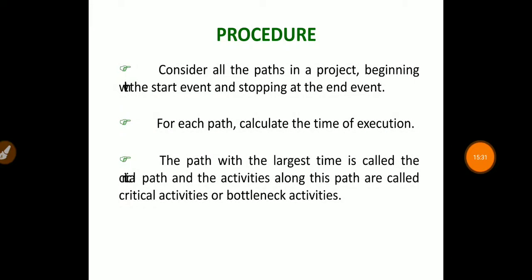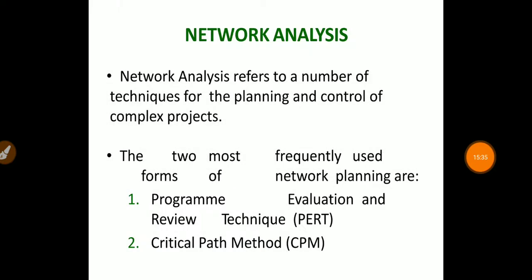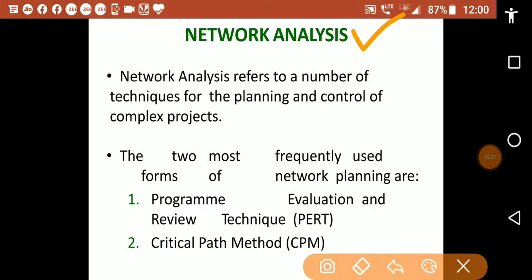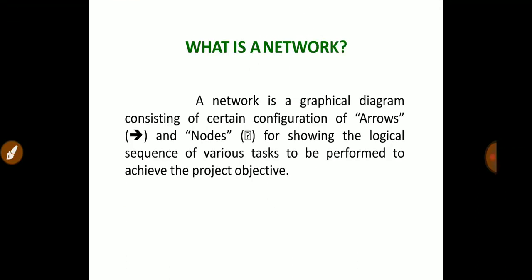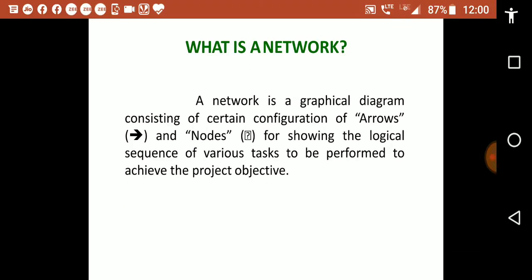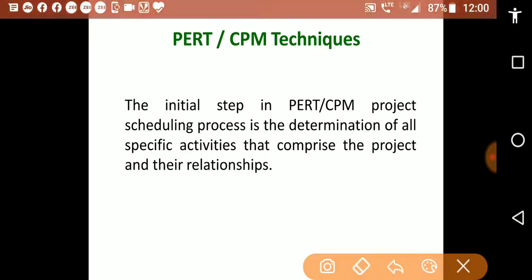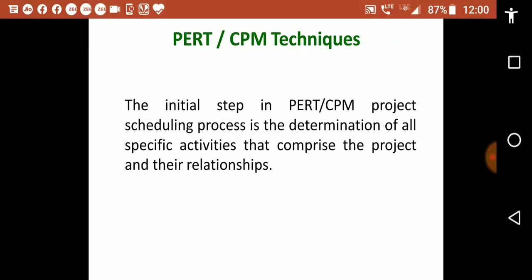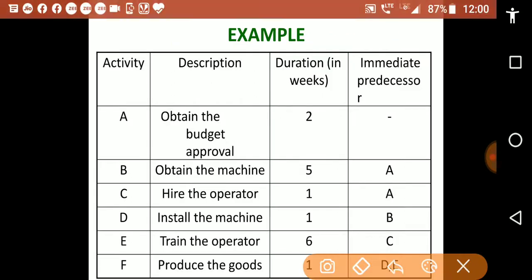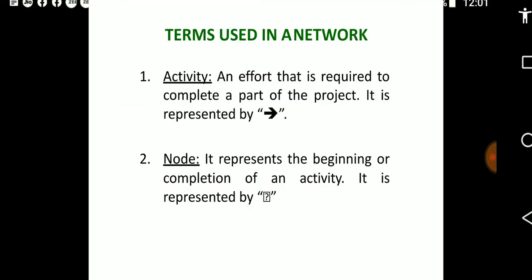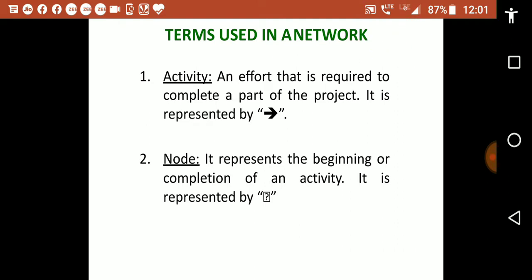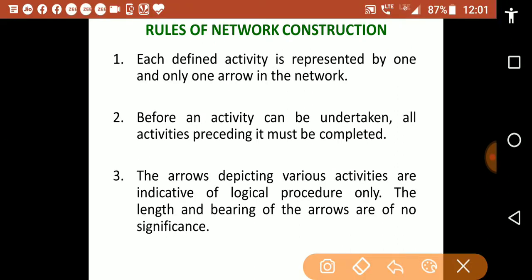So students, in this video we have discussed network analysis, basic concepts of network, PERT and CPM techniques, examples of activities, terms used in a network, and the rules of network construction, total 11 rules.